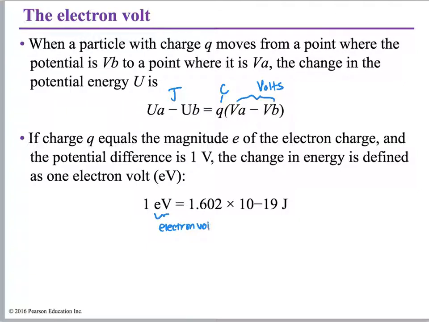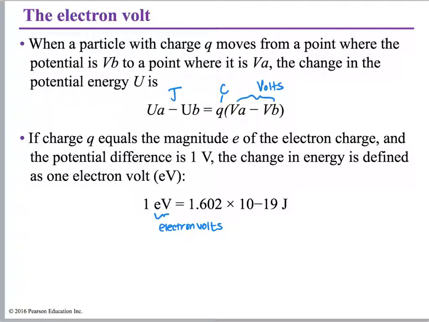And that's just an easy way to talk about the situation, because 1 electron volt is the energy you would get if you take something with a charge equal to that of the electron, so it could be an electron or a proton, and you send it through a potential difference of 1 volt. The change in energy that it has would be 1 electron volt, so it's kind of easy.